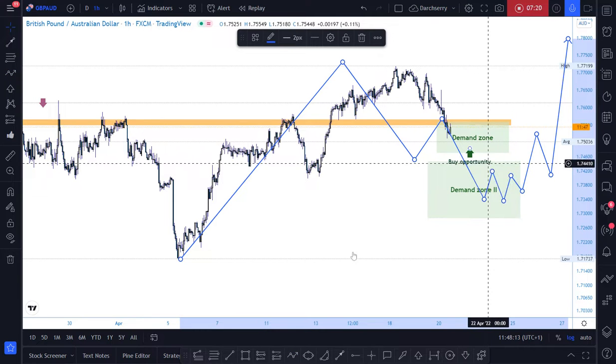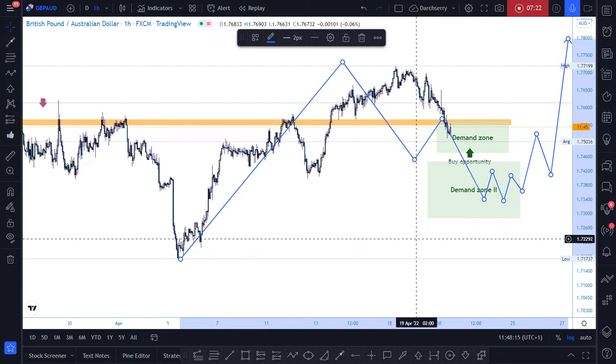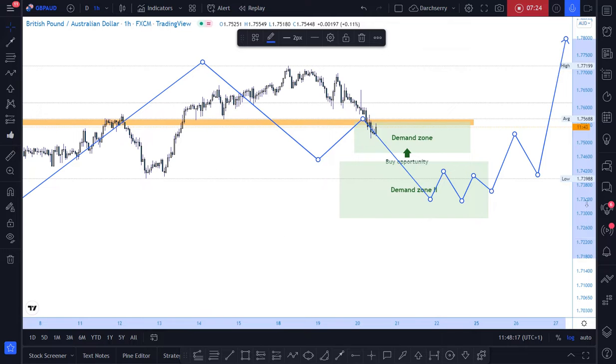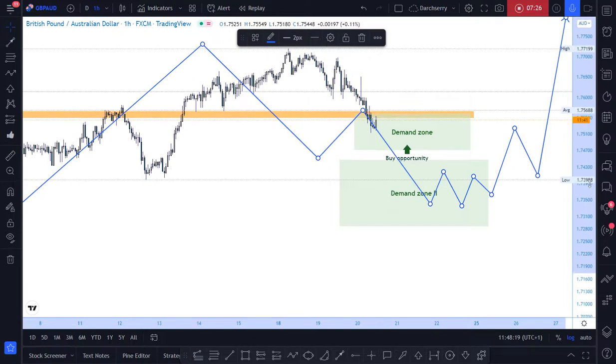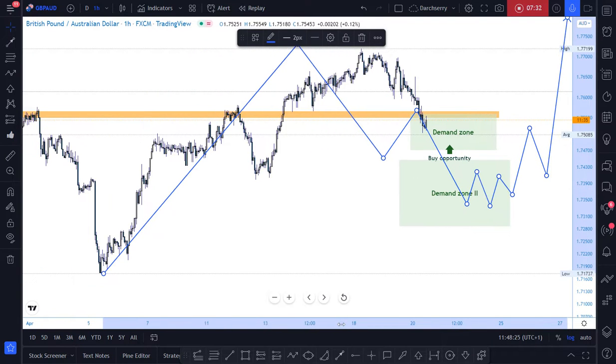So on the GBPAUD, we really need to be very careful and very conscious because, number one, we are on a downward trend. For a long time, the GBP has been very bearish against the AUD. So we need very significant structure that supports a bullish momentum to hop in on this trade.